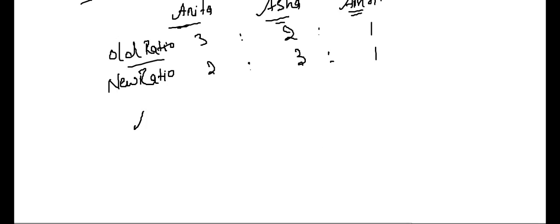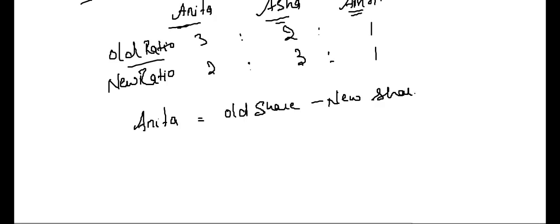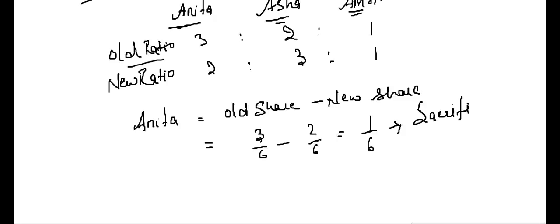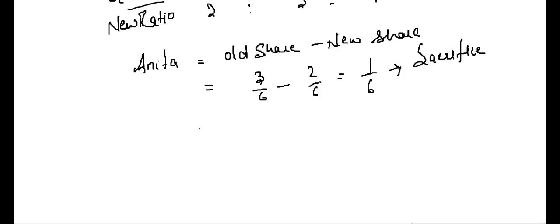First of all, for Anita, old share minus new share. For Anita, old share is 3/6 and new share is 2/6. So it is a sacrifice by Anita to the extent of 1/6. Earlier she was getting 3, now she is getting 2, so that is a sacrifice of 1.